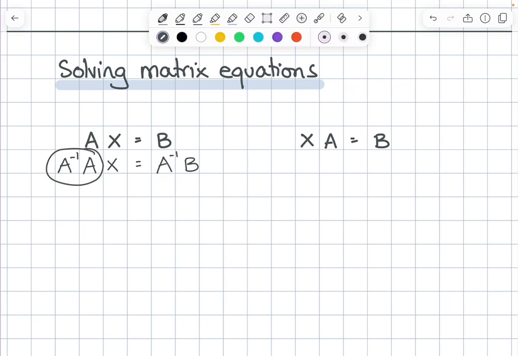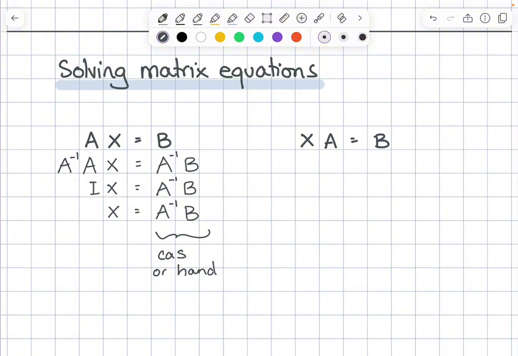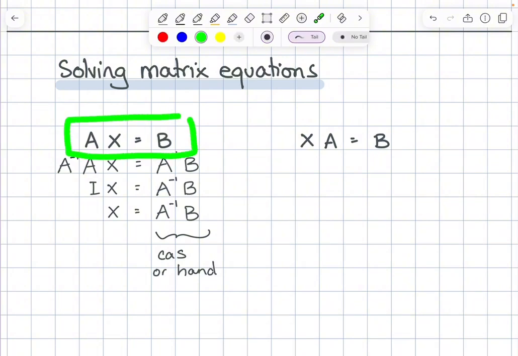Now, as we saw above, the inverse of a matrix multiplied by that same matrix just gives us the identity matrix, which is the matrix version of 1. So we just have X there. And so then this is something you can put into your CAS calculator or by hand. But this, as it stands, a matrix equation, we cannot solve that on the CAS as it is. We do have to rearrange it into this form first. And then we just put that bit into the calculator.